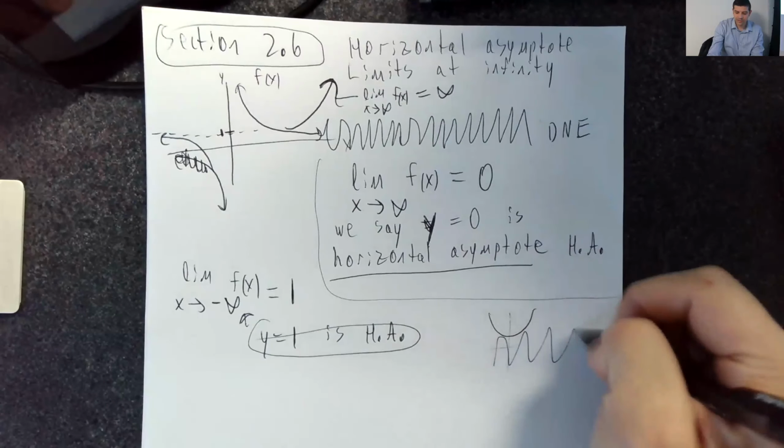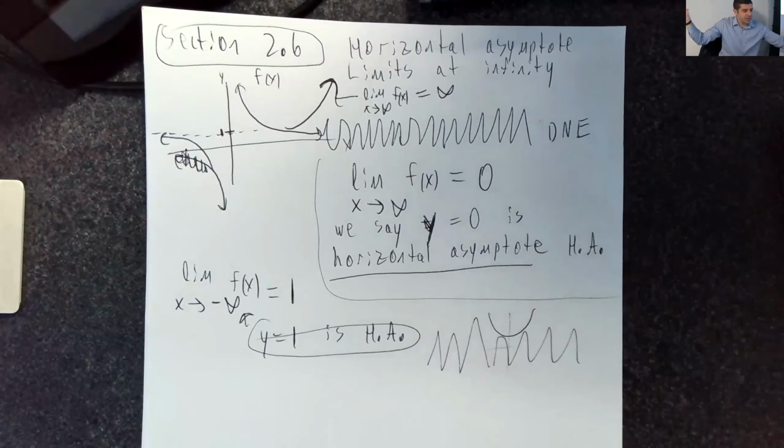Sine wave. Left and right DNE. So horizontal asymptotes, unlike vertical asymptotes, 2 max. Vertical asymptotes, is there any limit to how many we can have? No, just make the denominator of your fraction have a bunch of zeros. We'll get vertical asymptotes.